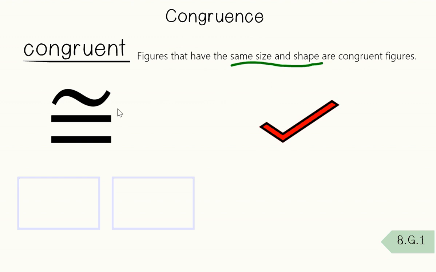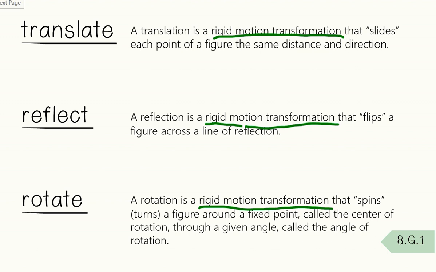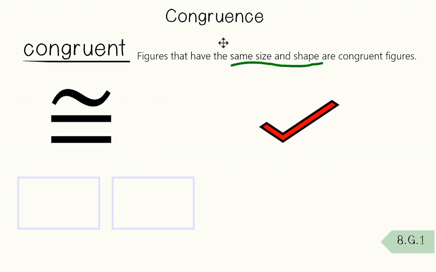This is the symbol for congruent, and all 3 of these transformations, translate, rotate, and reflect, all produce congruent figures. So if I take this red check mark and I slide it over here, that's a translation, it's congruent. These 2 red checks are congruent to one another. They are the same size and they are the same shape. They're both check marks and they're exactly the same size.